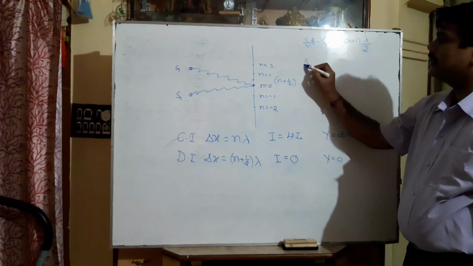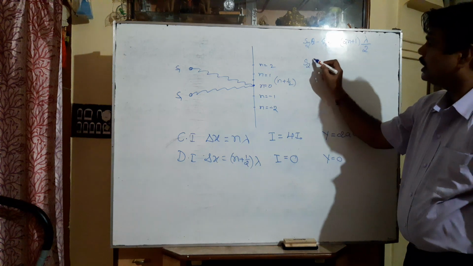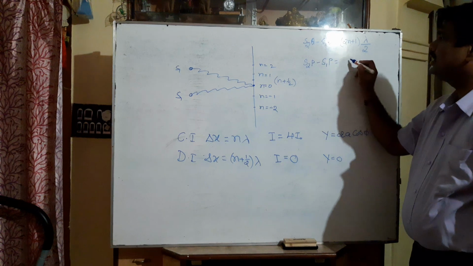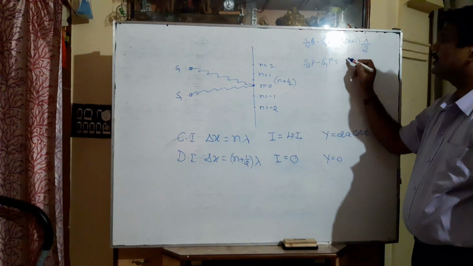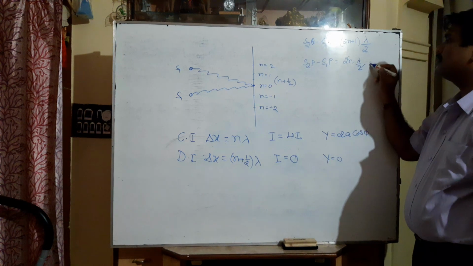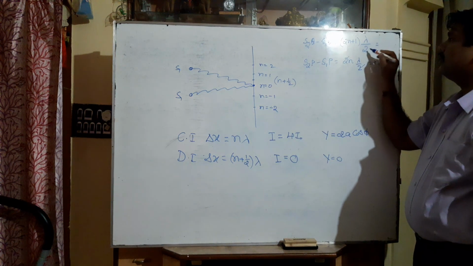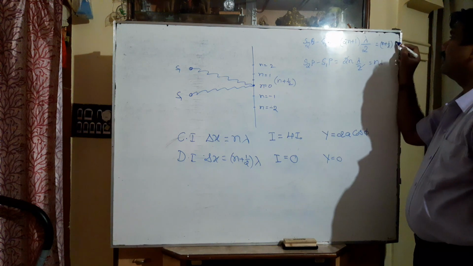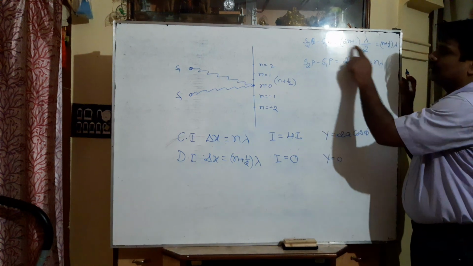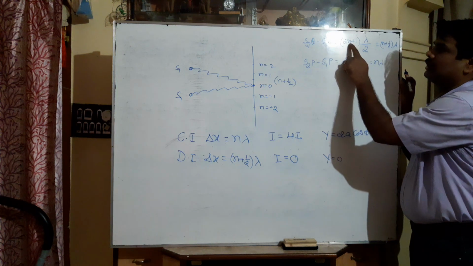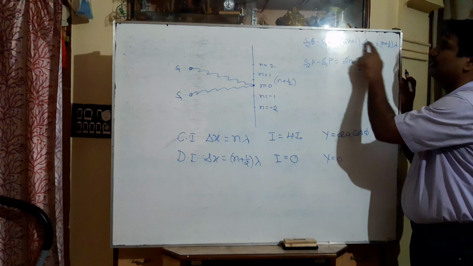For constructive interference, S2P minus S1P is equal to, instead of 2n plus 1, you take only 2n times lambda by 2. If the 2 cancels, you will get n lambda. Here if the 2 cancels, it is n plus half lambda. Clear now? If I transfer it here, it applies to both terms and becomes n plus half lambda only.